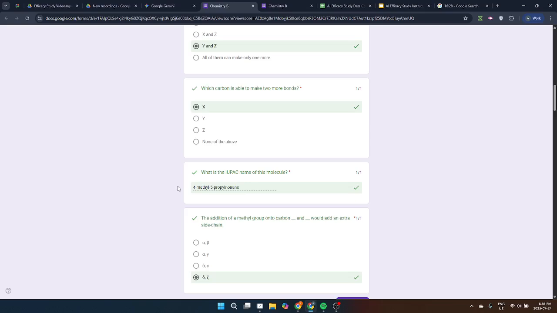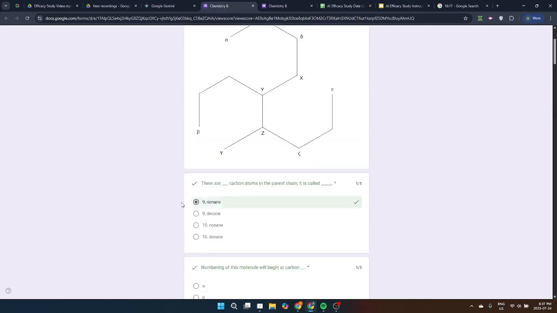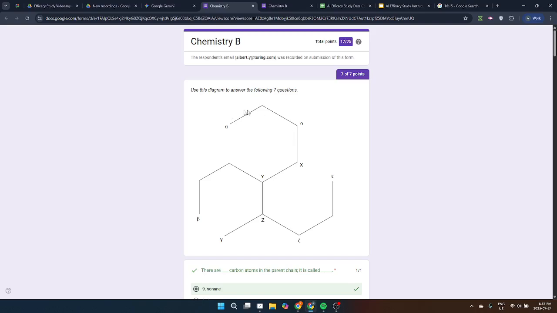And then when approaching the IUPAC naming convention for this molecule, I put 4-methyl-5-propylnonane. This was deduced because I think my thought process was that M comes alphabetically before P, so methyl versus propyl.